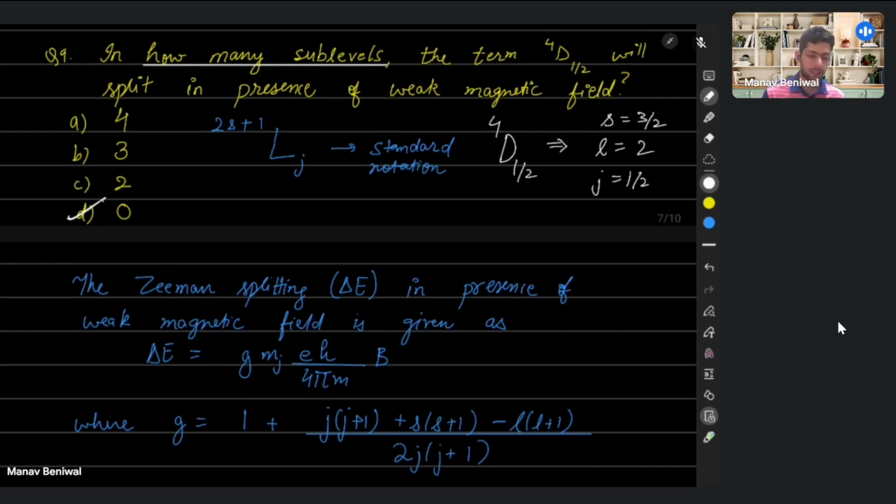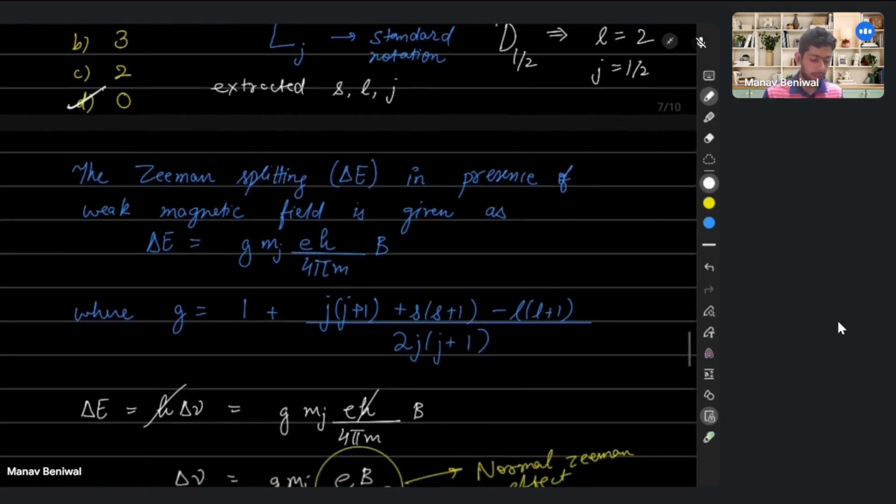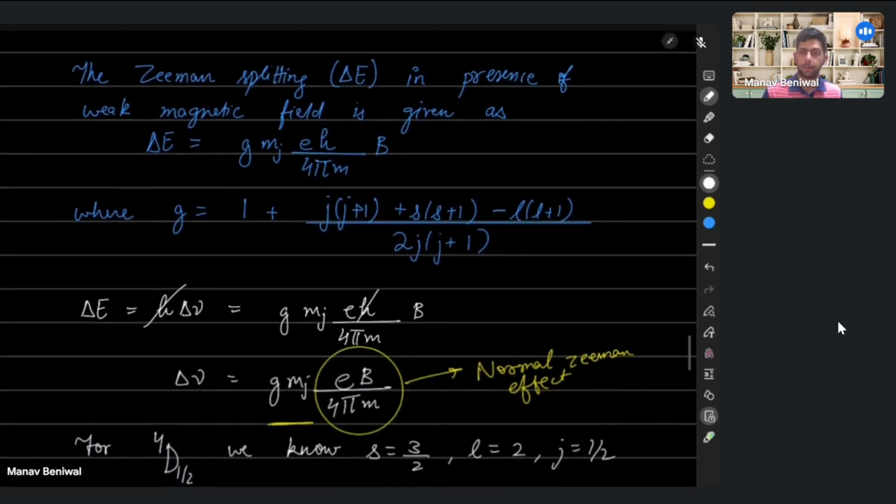So what have we done in this one? We have taken the notation, and then we have extracted the values of S, L and J. Then we know that Zeeman splitting delta E in presence of magnetic field is given by this equation, where G is the Landé factor and G is given by this equation.